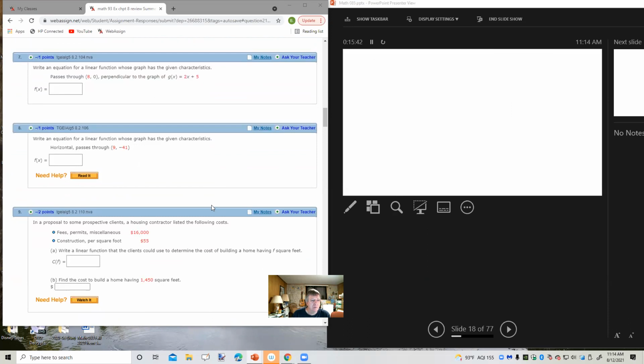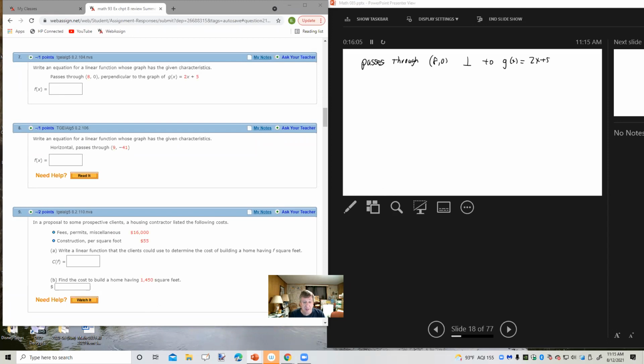Write an equation for a linear function whose graph has the given characteristics. Passes through (8, 0), and is perpendicular to g of x equals 2x plus 5. All right.